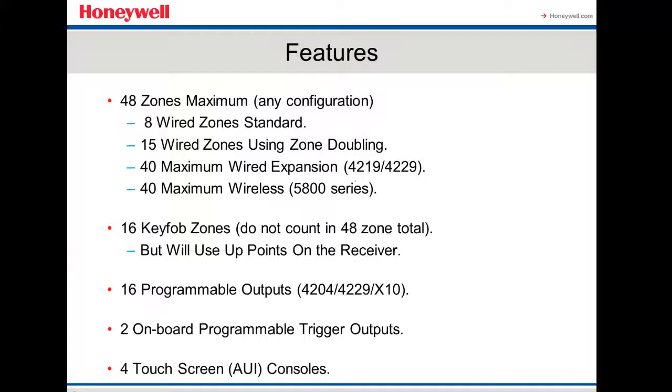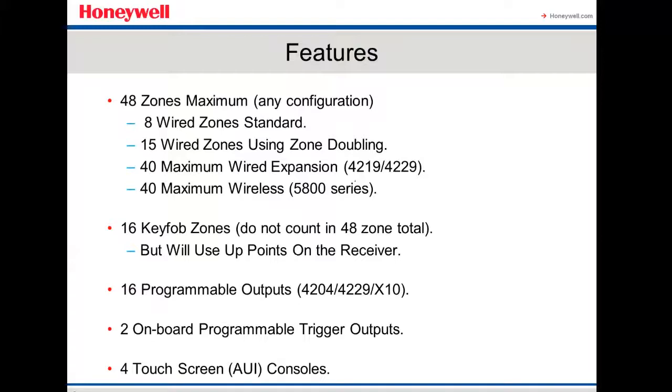You can program the 4834-4 key fob and use 4 zones, or you can just program 1, 2, or 3 zones. Each one can use up to 4 zones, meaning you can use up to 4 key fobs on this panel, totaling a maximum of 16 zones. This panel also has 16 programmable outputs.